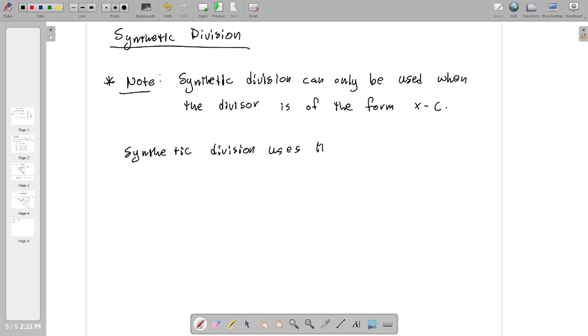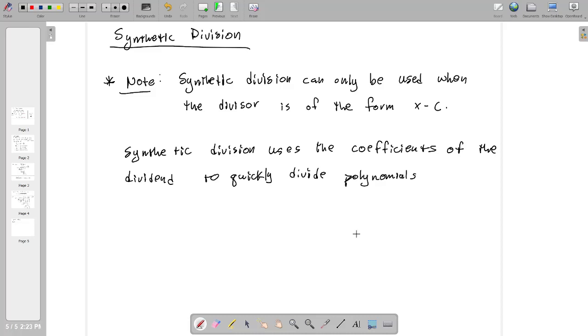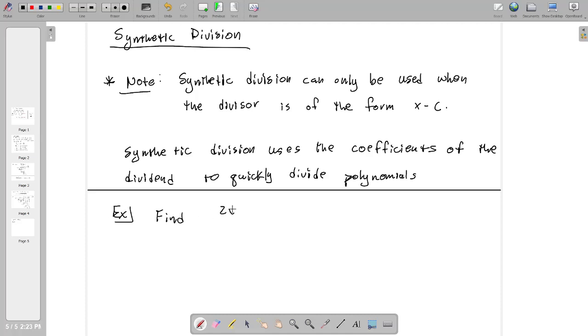Synthetic division uses the coefficients of the dividend to quickly divide polynomials. This is a description of what we're doing. I think it's easiest if we just do an example here to show you what I mean by this. Let's find 2x cubed minus 4x squared plus 3 divided by x minus 1.